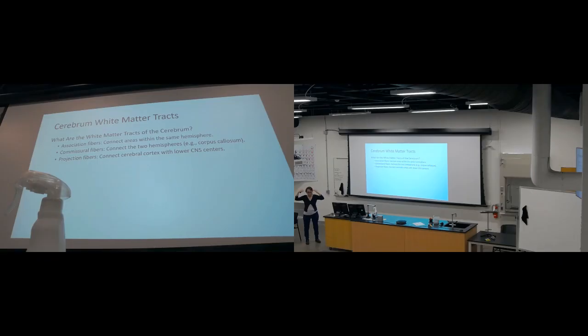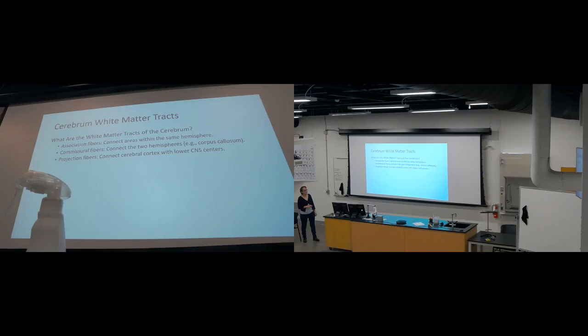So we have frontal lobe, parietal, temporal, etc. And if you have tiny areas within that same lobe that connect, that will be association fibers. But if you have long connections, for instance, between the cerebral cortex and the spinal cord, these will be projection fibers.